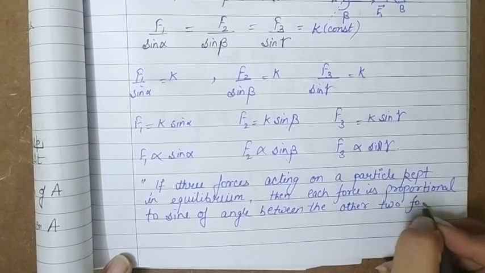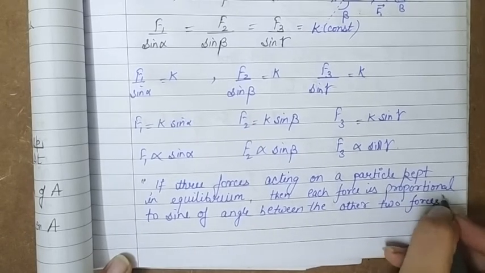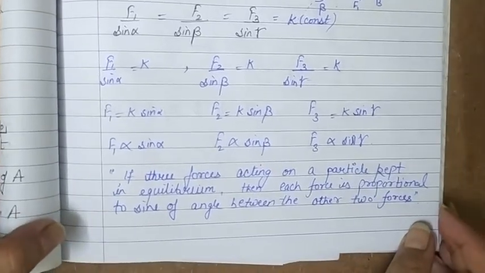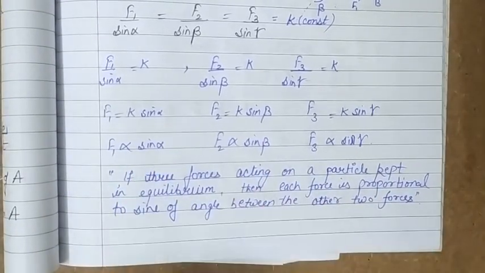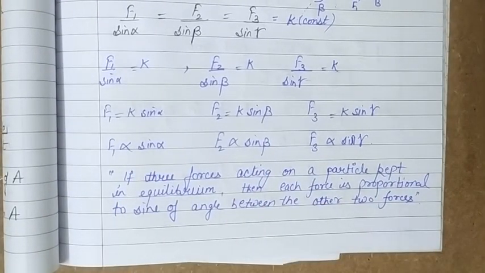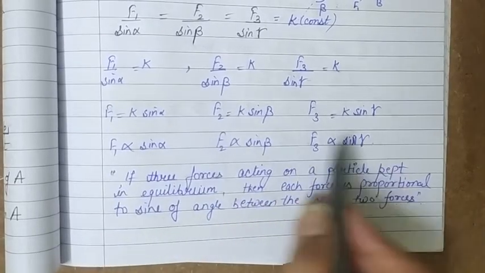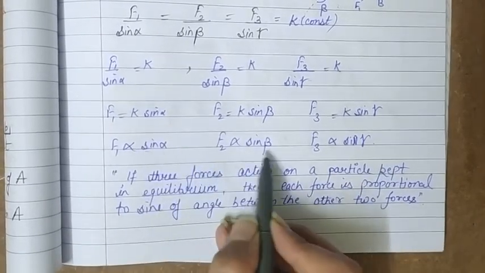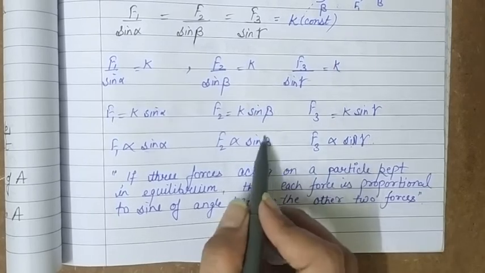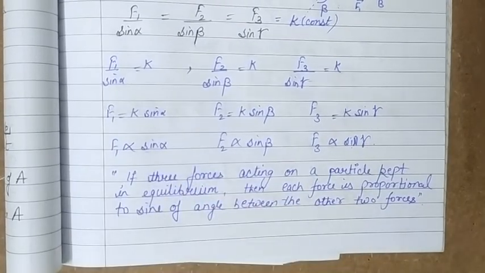This is how we can give the statement of Lami's theorem. It states that if the three forces are concurrent and are in equilibrium, then each force is proportional to the sine of angle, and the angle that we are considering is in between the other two forces.